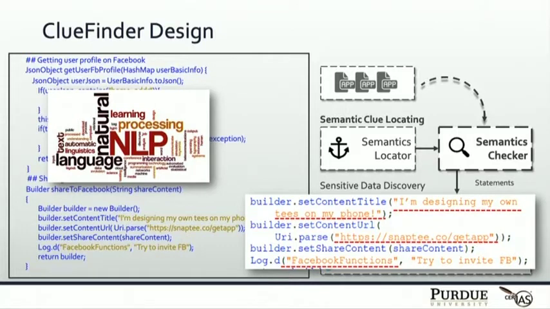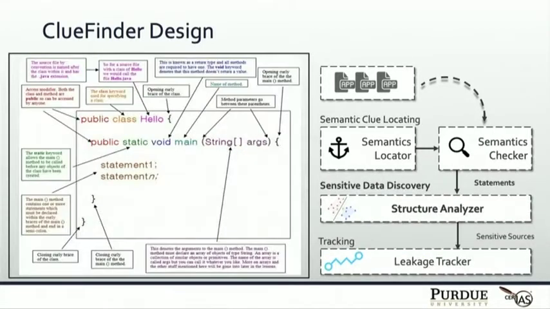The checker uses NLP techniques to determine whether the identified tokens are indeed the main subject of each element. Those program elements meeting the requirements of the semantics checker will further go through a program structure analysis. The structure analyzer classifies each function invocation as either sensitive or not.